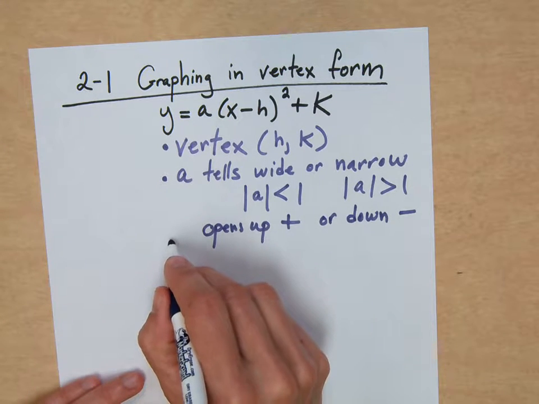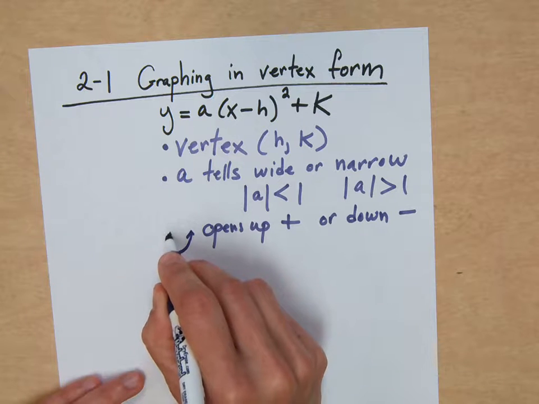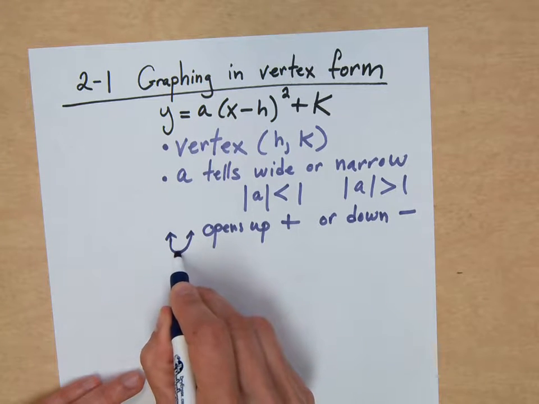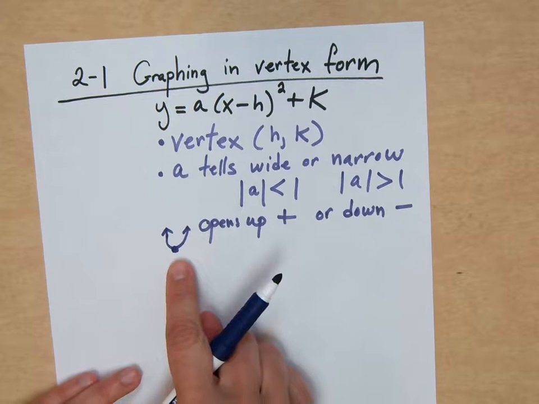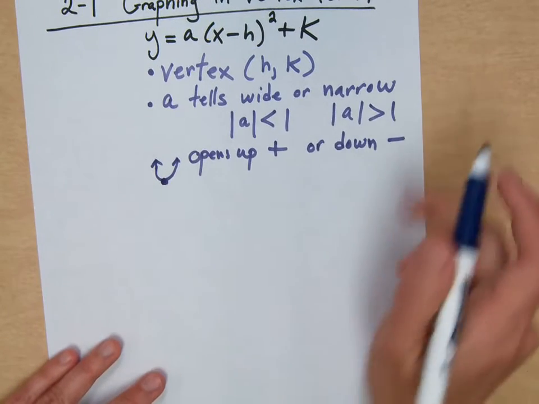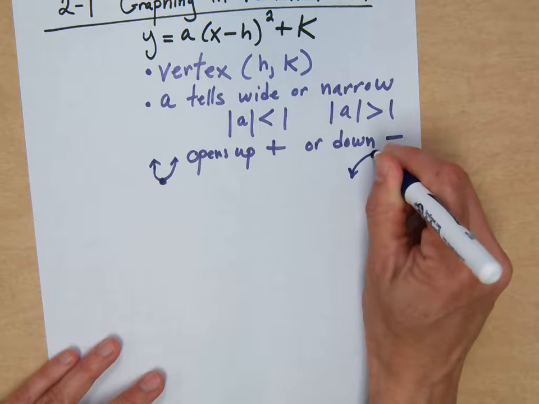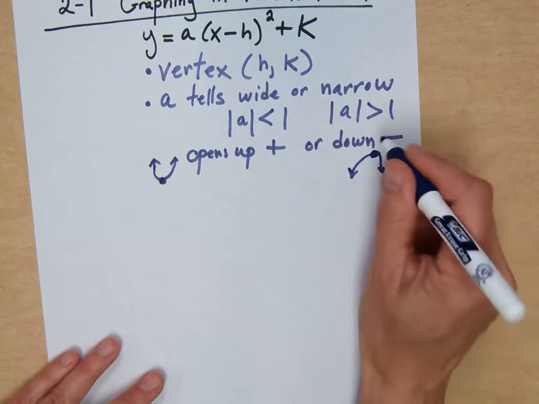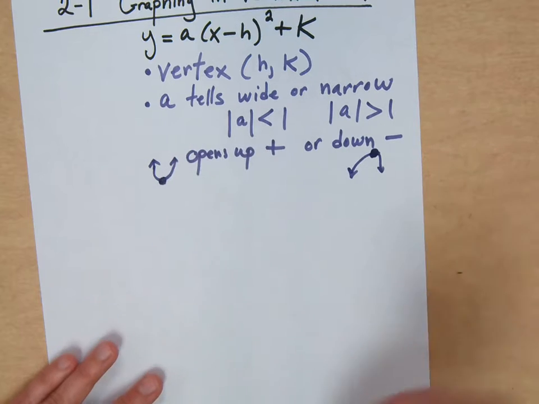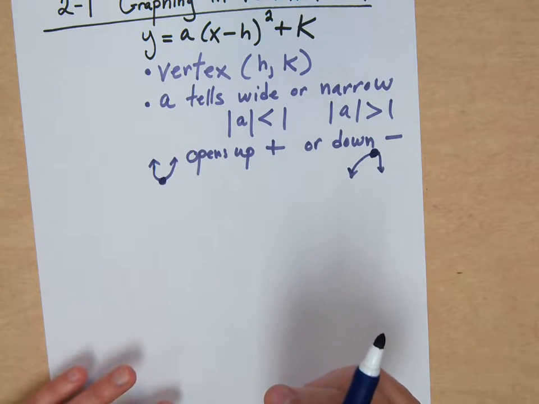So in other words, if it opens up, then when we do applications, this vertex is a minimum point. See how it's the lowest point on the graph? Whereas if it opens down like that, then the vertex is a maximum. It's the highest point. So that's hugely important with our applications that we'll be doing later. So that opens up or down.